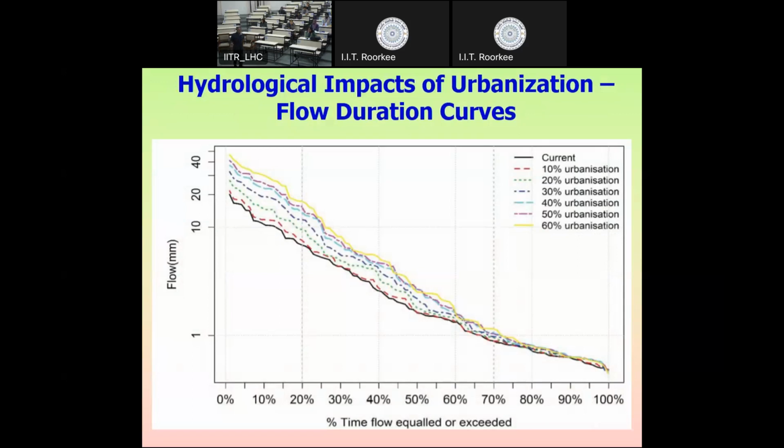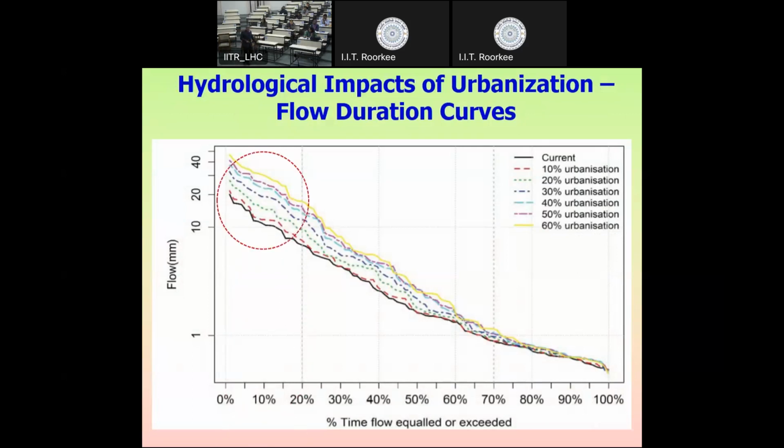You can see that as we have more and more urbanization, the flow duration curve is rising. That means for 20% of the time, earlier the water availability was, let's say, 8 units. After 60% urbanization, it becomes 21 units. So more and more flow will be available in the river for the same time.